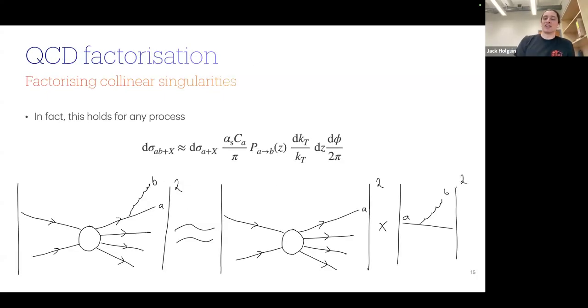Okay, so how does this look diagrammatically? Get some intuition back again. What I just said is what's on this left-hand side. So we've got a general process with an arbitrary number of particles involved.